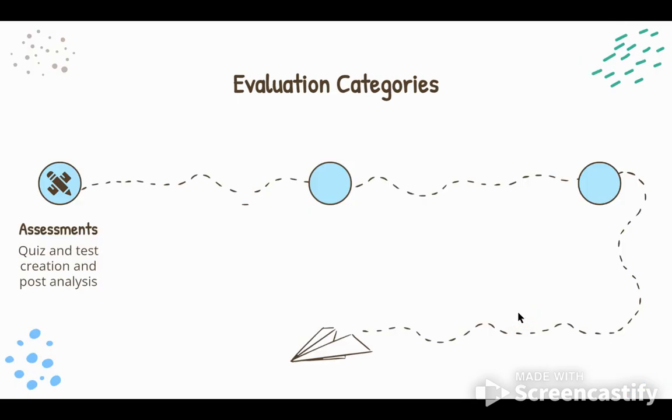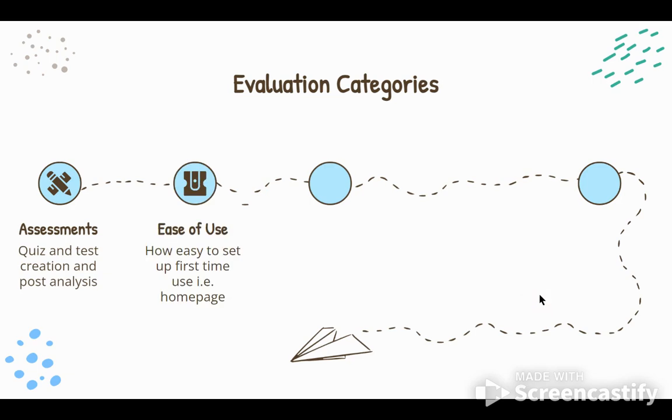So I chose 5 categories in which to focus that were important to my colleagues and myself. These are features that I know firsthand are what we middle school teachers heavily rely on and need for a smooth running year. We need to be able to have a hardy test creation application with post-analysis features. It needs to be easy to set up, especially the homepage.